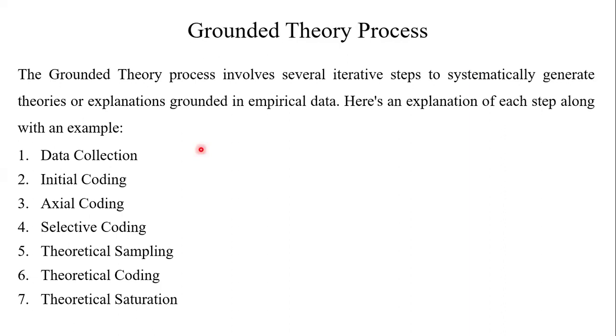Some of the concepts here may be new to you, and you need to understand them step by step. I will elaborate one by one what these steps are and how we use them in generating theory through the grounded theory process, which is basically inductive reasoning.